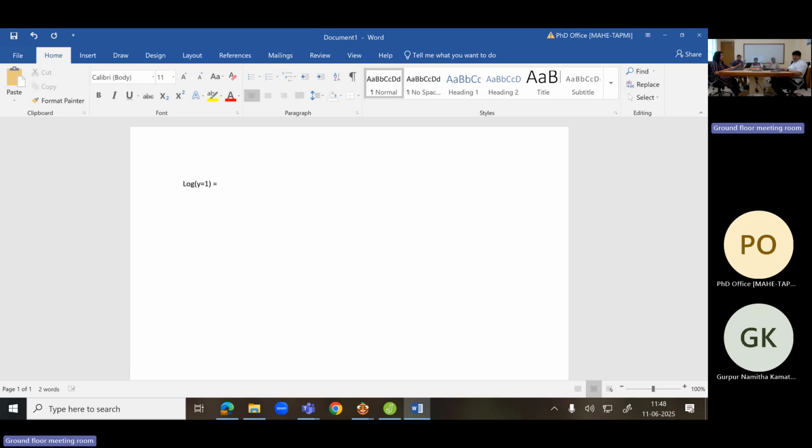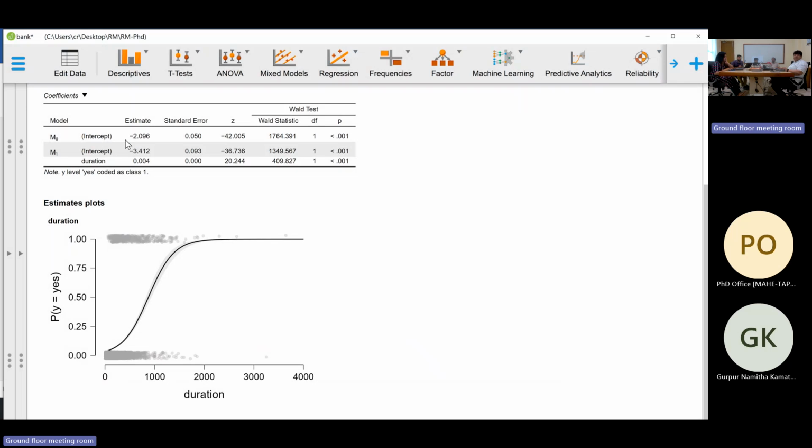So here, in your case, what is the thing? Duration. What was the value? Intercept, no? Yes. Minus 3.412. Not this one, this one. Okay, why? Because this is the model with duration.